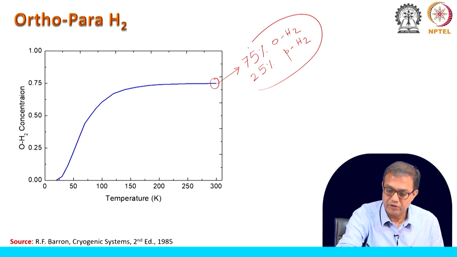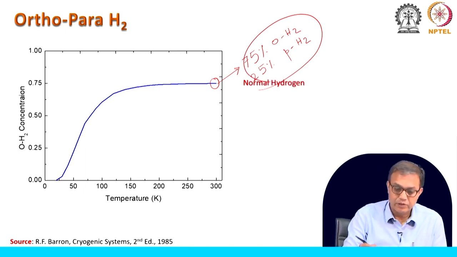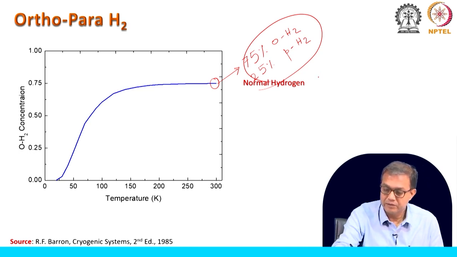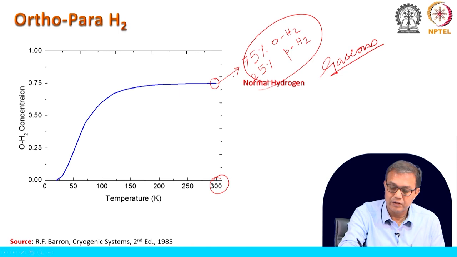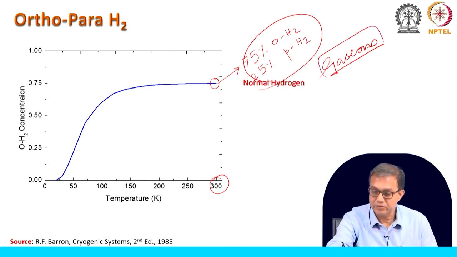This is what we call normal hydrogen. This normal hydrogen is in the gaseous condition, because this temperature is 300 Kelvin, and whether it is pressurized or non-pressurized, it will be in the gaseous state.